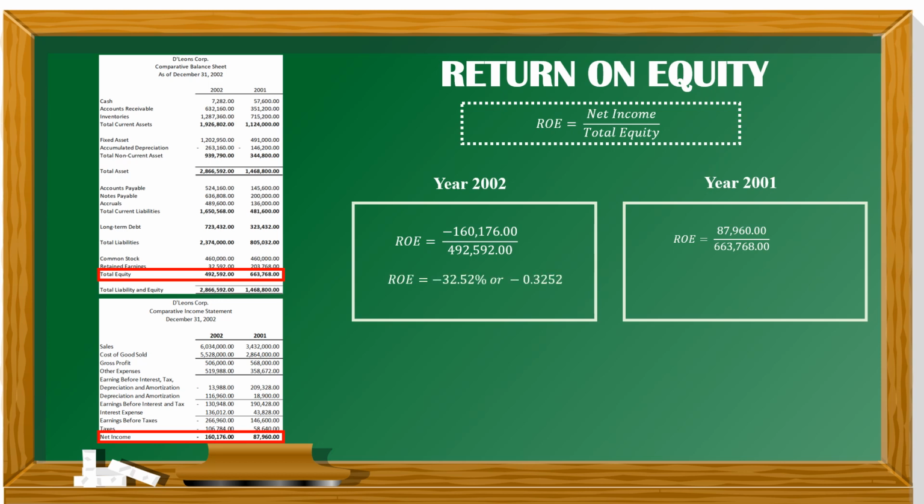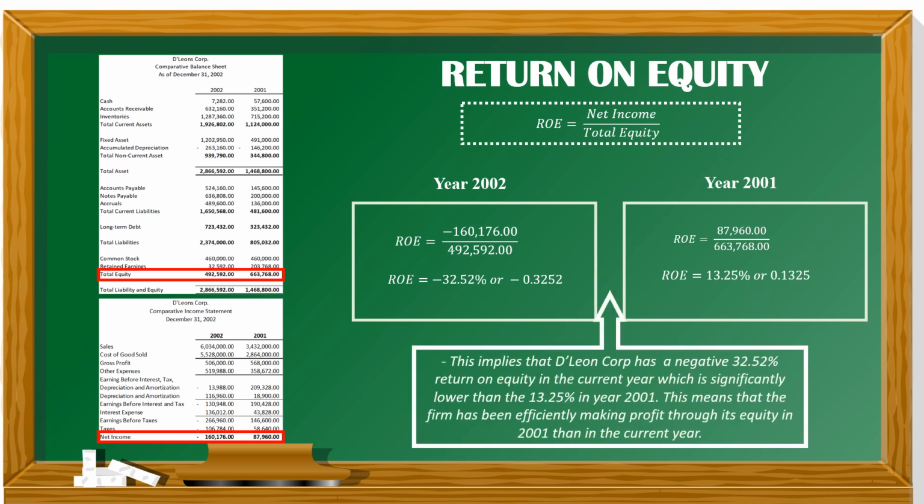663,768, which results to a negative 32.52% ROE for 2002 and 13.25% return on equity for 2001. Now, this implies that the negative 32.52% of De Leon Corp's return on equity in the current year is significantly lower than the 13.25% in year 2001.